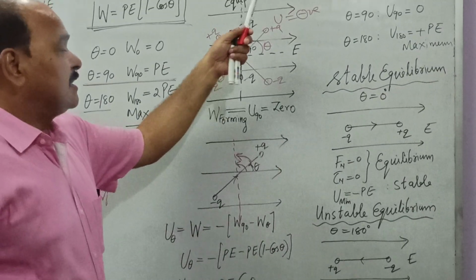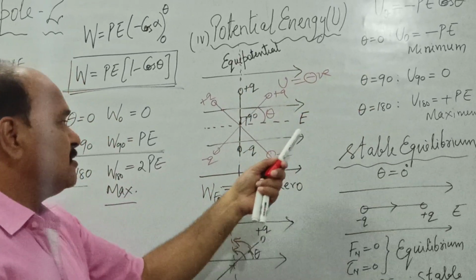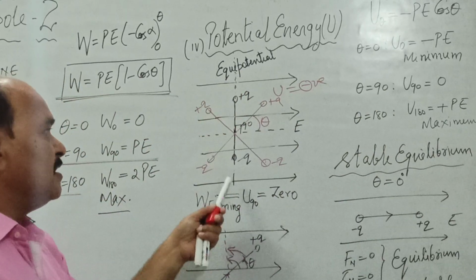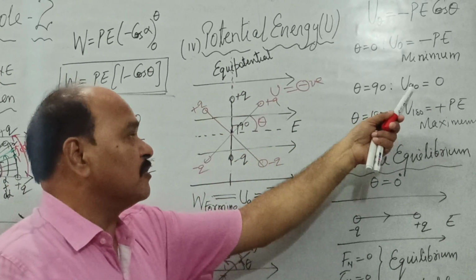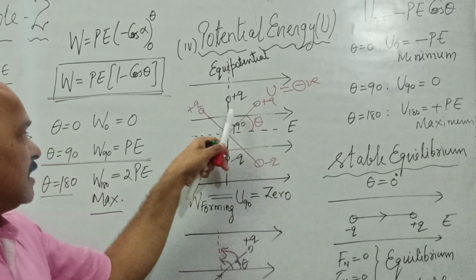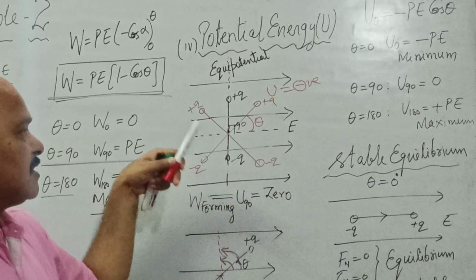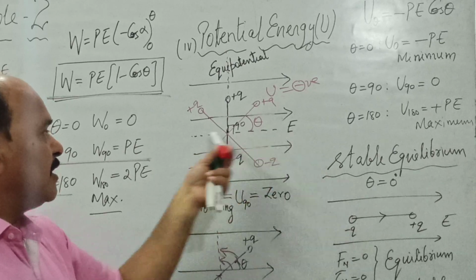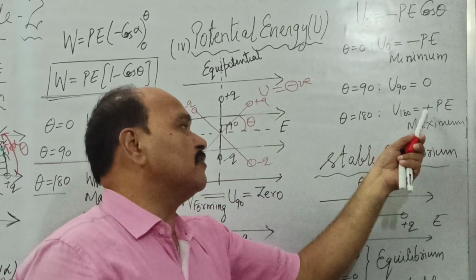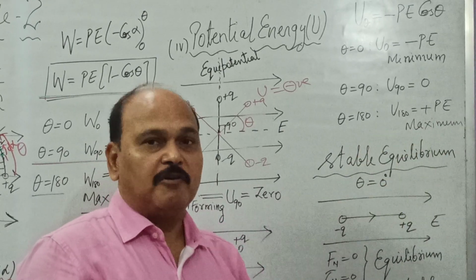When theta is equal to 0, the potential energy is going to be minimum. When theta is equal to 90 degree, potential energy is 0. We have already discussed that. And as the angle increases further, the potential energy increases. When the angle becomes 180 degree, substitute the value of 180 here. The potential energy becomes plus PE. That is the maximum value of potential energy.